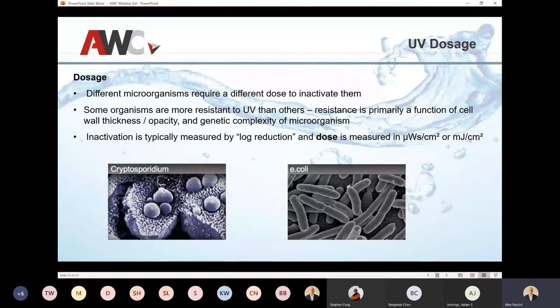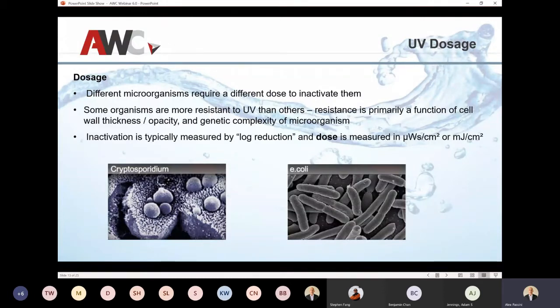So dosage, I kind of touched on dosage a little bit earlier, but we're going to go into it a little more so that you have a better understanding of what dose means. Different microorganisms or different pathogens are inactivated by a different dose. It's the same reason why you wouldn't use the same mouse trap for a mouse as you would for a grizzly bear, okay? So they all have specific doses for log reduction.